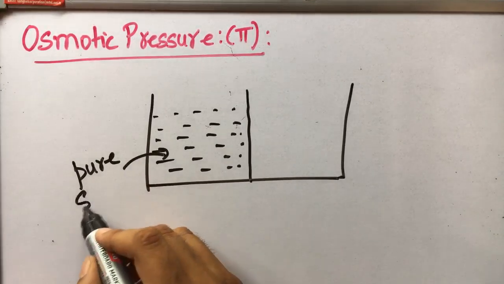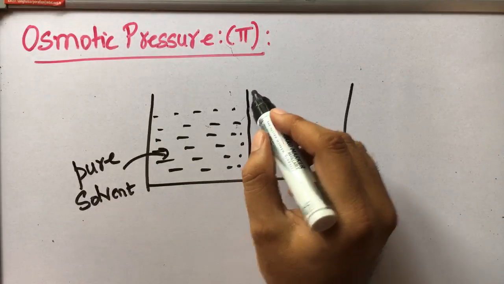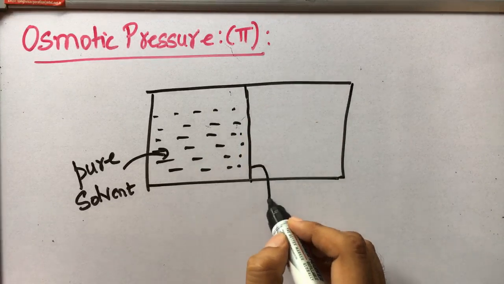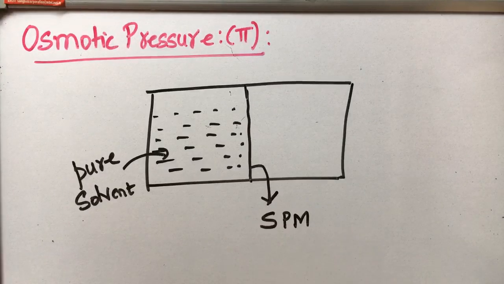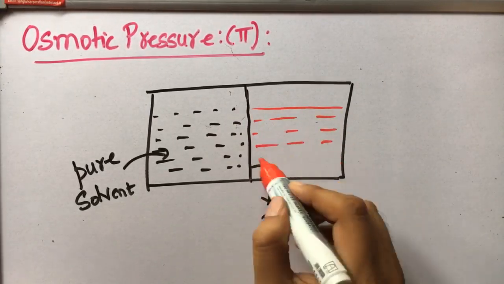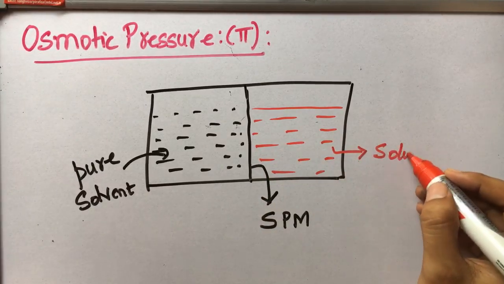This is pure solvent, which is separated by a semi-permeable membrane. Let me say that this particular thing is the semi-permeable membrane, SPM. And on the other side, let me say that we have the solution. Let us say this is the solution.